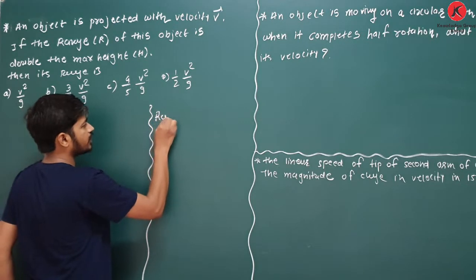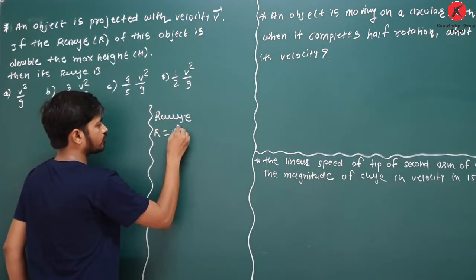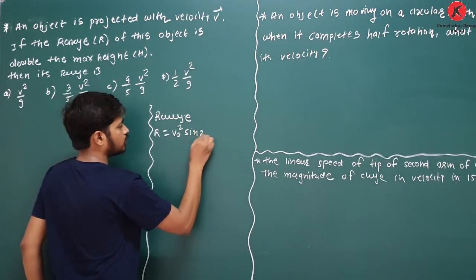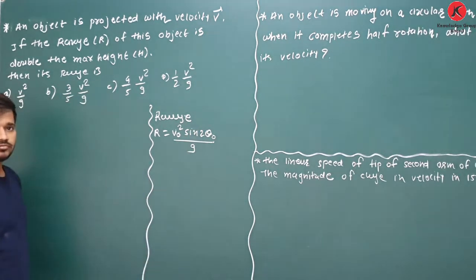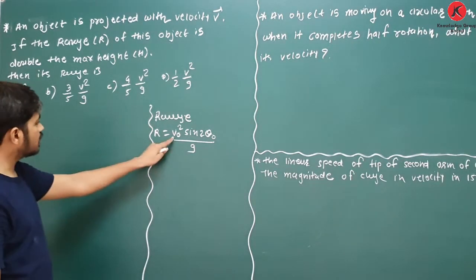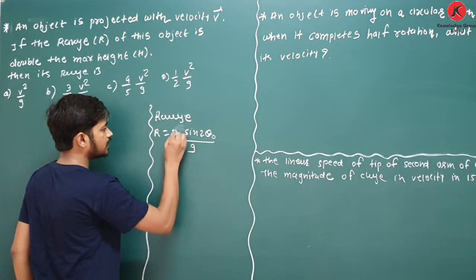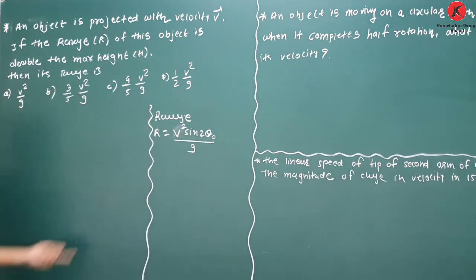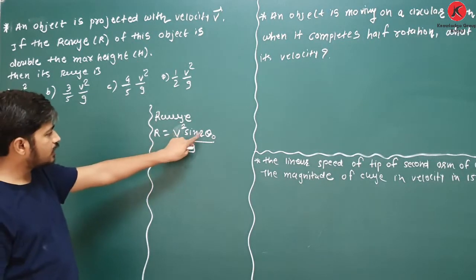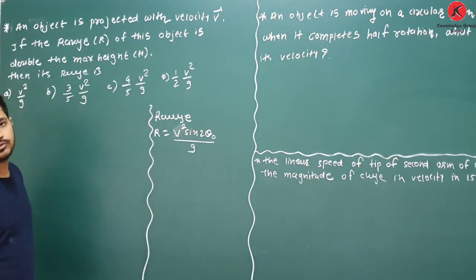What is the equation of range? Range R is equal to V0 square sine 2 theta 0 upon G. But see, in the options you are given V square upon G. If I write this as V square upon G, because you are given initial velocity V, then R is equal to V square sine 2 theta upon G. V square upon G is in the option, but what about sine 2 theta?